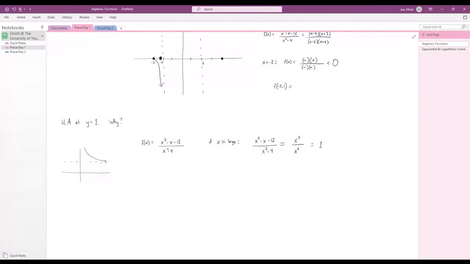With these first couple of examples, I've been pointing out horizontal and vertical asymptotes a lot. The formal definition or characterization of horizontal and vertical asymptotes involves limits. So when we get to the calculus portion of this workshop, we might revisit them in the context of limits to make them more precise.